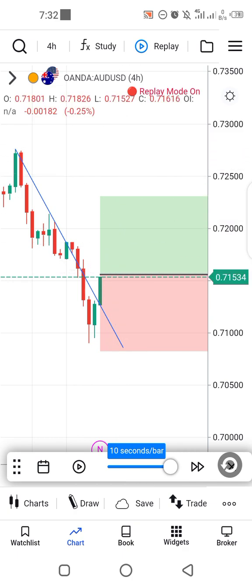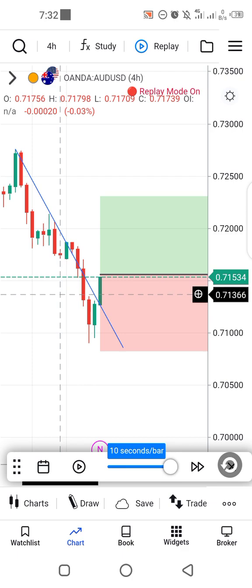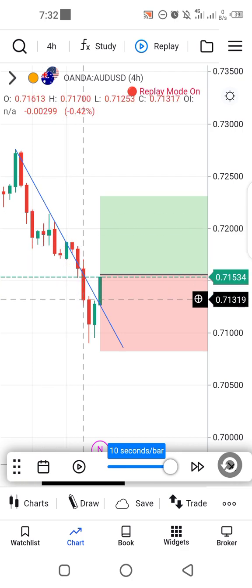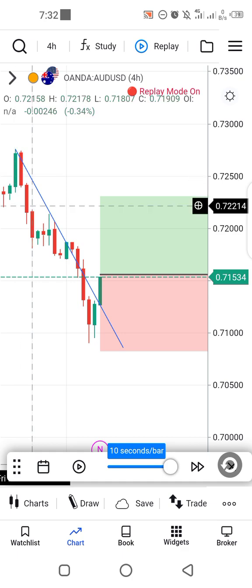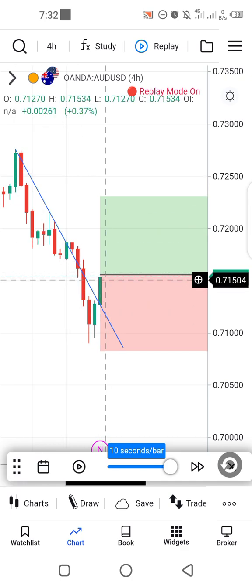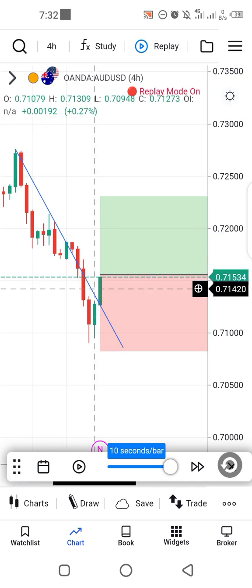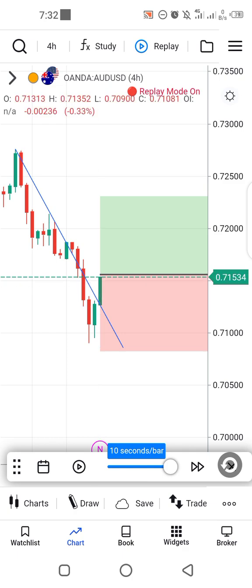Knowing that these are the possibilities, I'm going to still take this trade. The reason why is that we never know if this move up will be the reversal of this move down. So if it will be the reversal, I want to be in that trade. If it's not the reversal, well, I can take the loss.